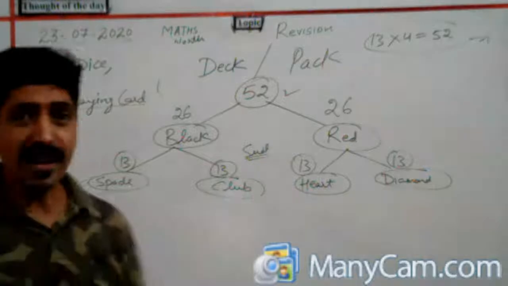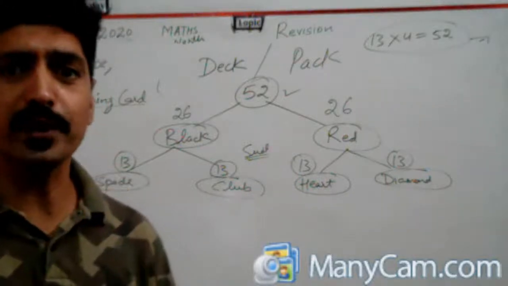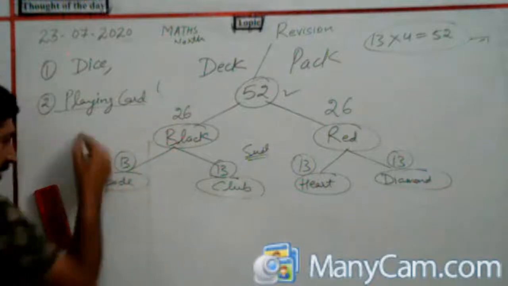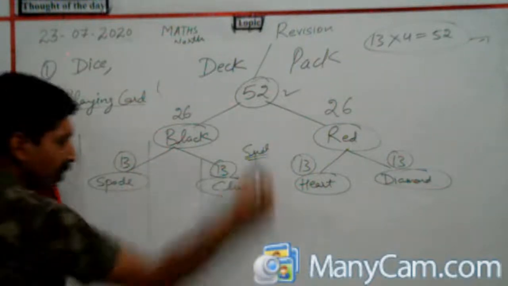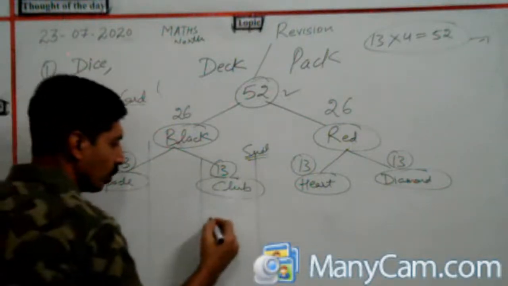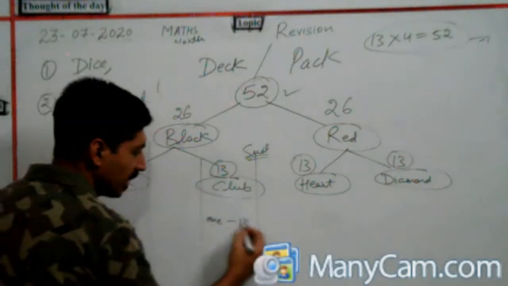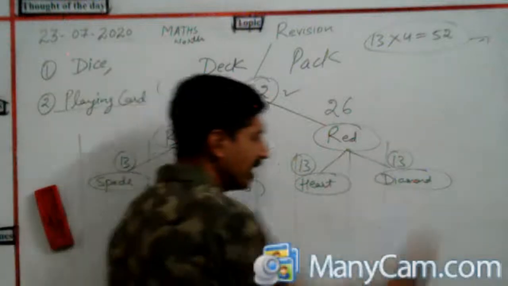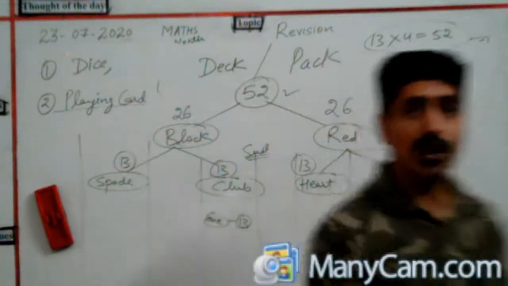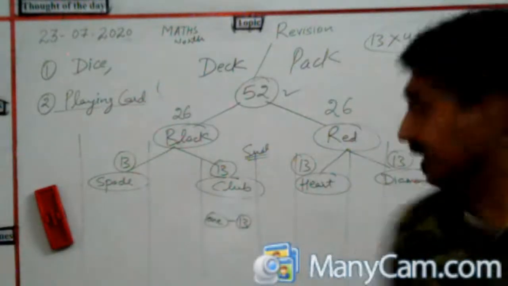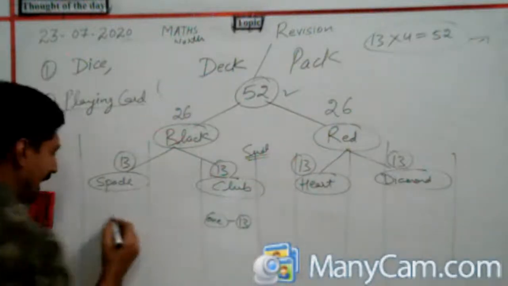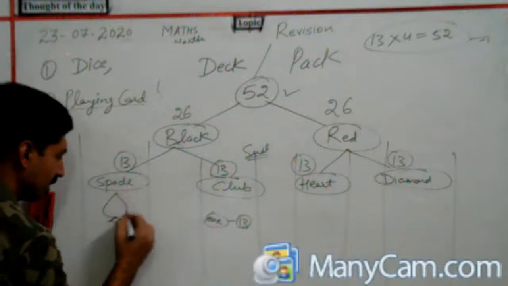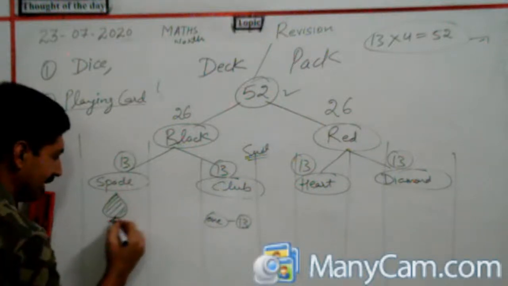Now we have card numbers from 1 to 13. In every suit we have the cards from 1 to 13. You will find that spades are black in color.